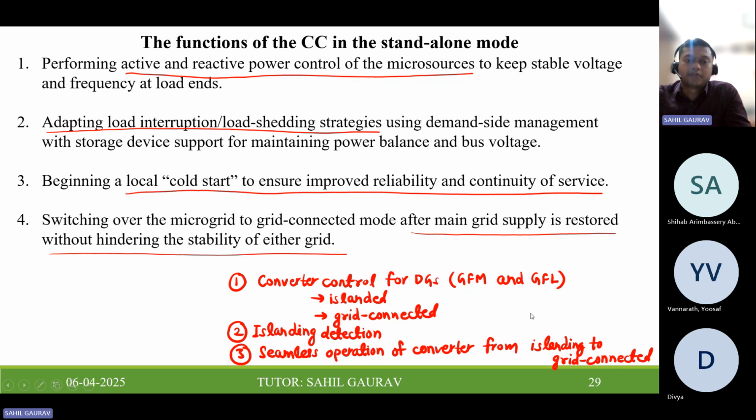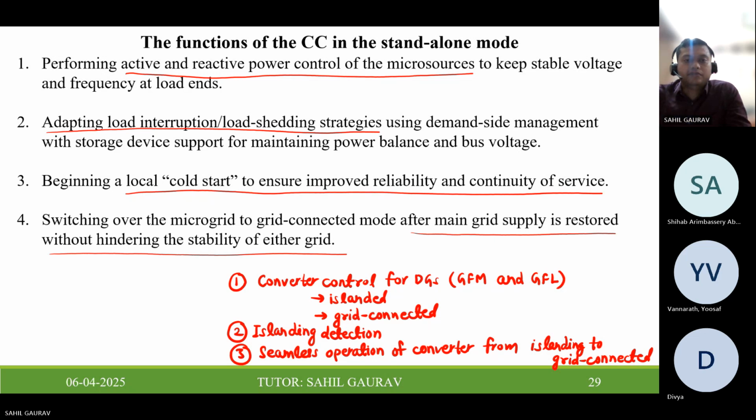Stability is the main concern. If your system goes into an unstable region, that should be the main problem, and that should be discarded and minimized. And what can be another thing? Another thing is beyond our power system and power electronics. Another thing here is the communication part.